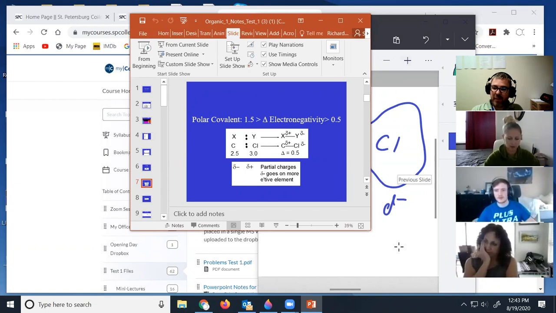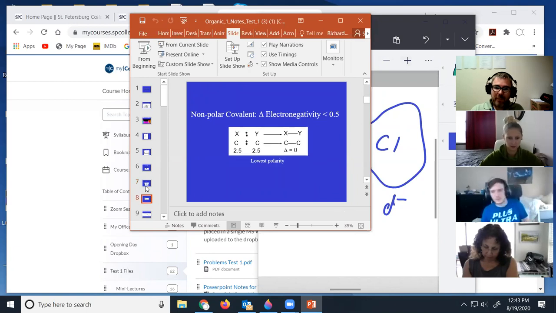But generally, it's more like a cloud that gets pulled in one direction over the other. Think of it more like that. It's hard to explain what they're doing, but they're not really moving per se. They're in certain spaces. We'll talk more about that when we get to orbitals.